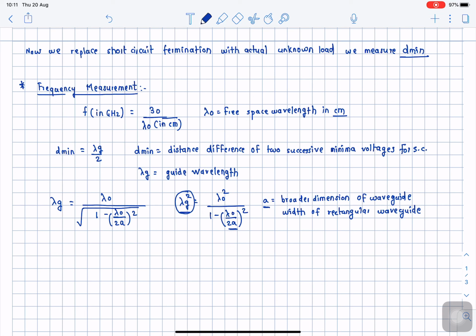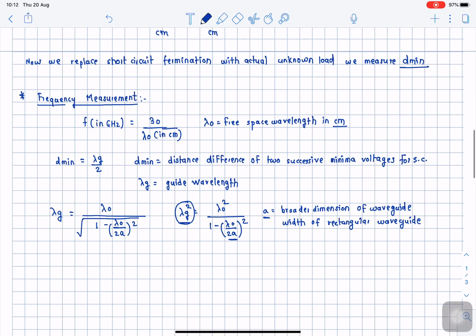We can easily measure the inner dimension, given in either centimeter or millimeter. We place this value of a in the equation, and the only unknown is the free space wavelength. We know the guide wavelength and the waveguide dimension, so we place these values and find the free space wavelength.